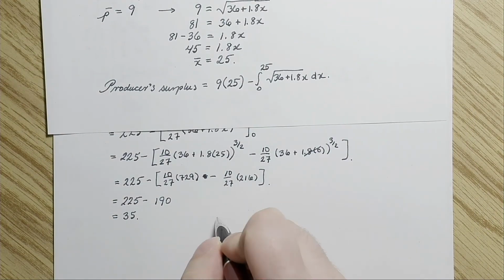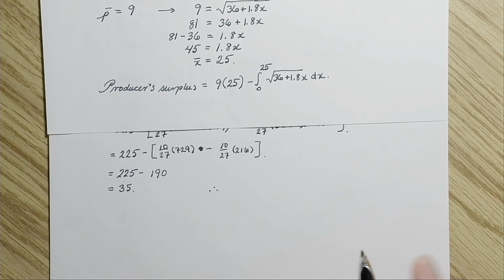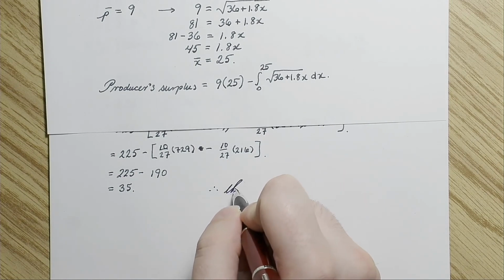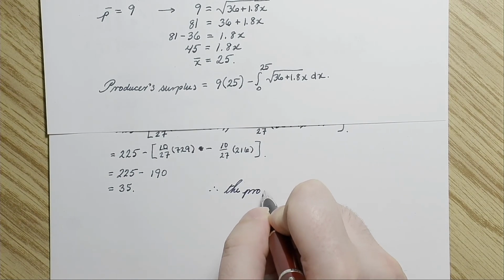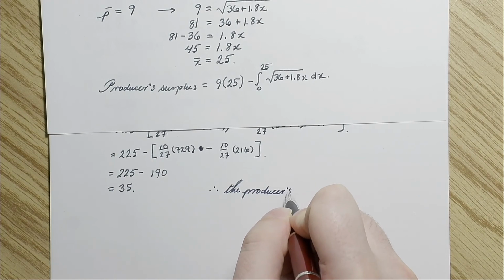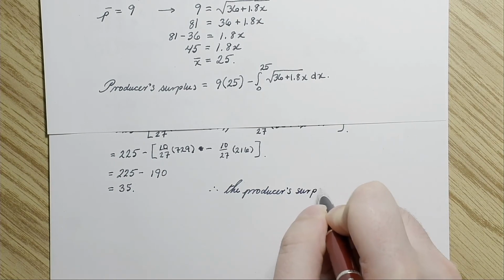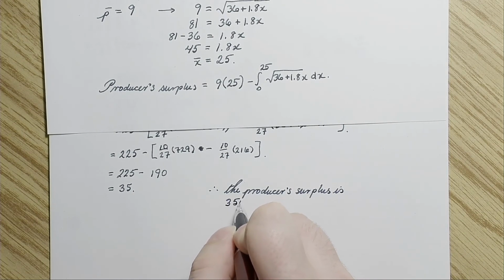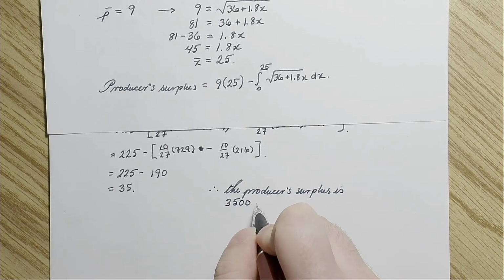So therefore, the producer's surplus is 3,500 carts.